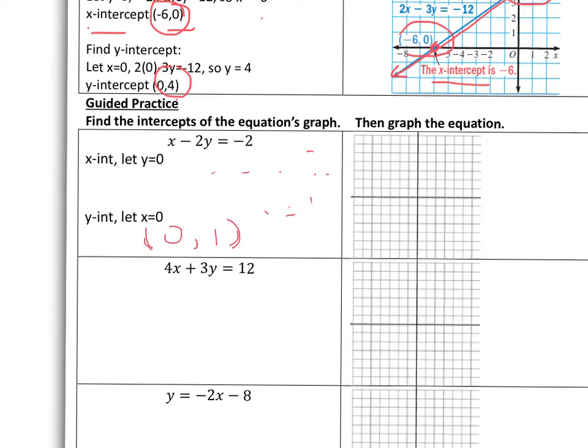And then to find the x-intercept, when y is 0, x is -2. When y is 0, okay, x is -2. And then we can graph. And then 0, 1 will be here. And we can connect the dots.